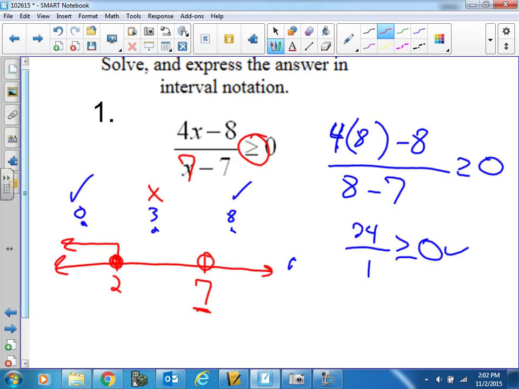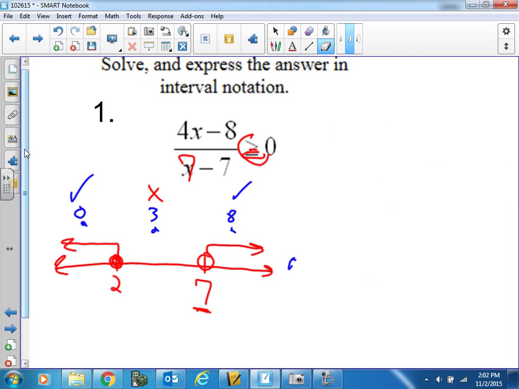You have to be careful, because I know in the past you've been accustomed to looking at the inequality, and if there was a line under the inequality making it equal to, you would have a filled in circle. Not here, not in this case, so be careful. All right, so that would be the number line. And I did ask you to do them in interval notation.